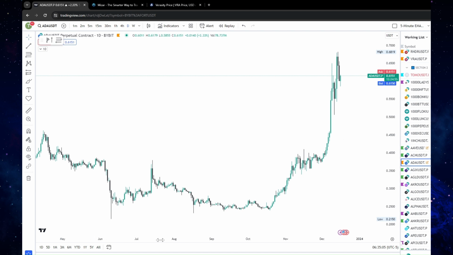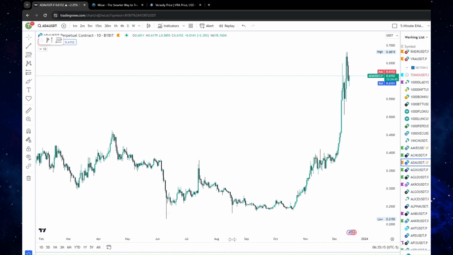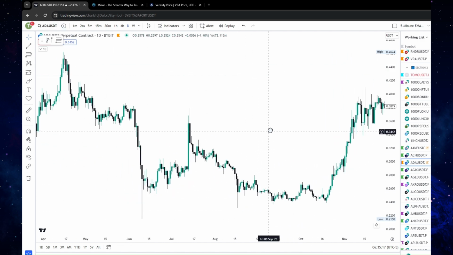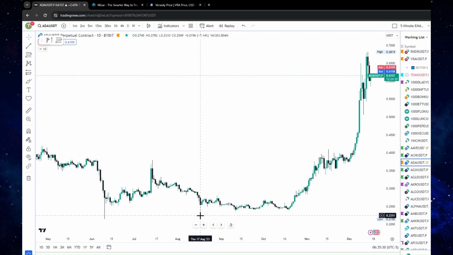But prior to that, it was very difficult to trade because either the markets were very fearful and there was an overall downtrend. I'm showing here now Cardano, but this is very similar for most of the other coins. We've had one crash in the middle of summer, which was essentially the bottom, and then we almost revisited this again at the end of the summer.